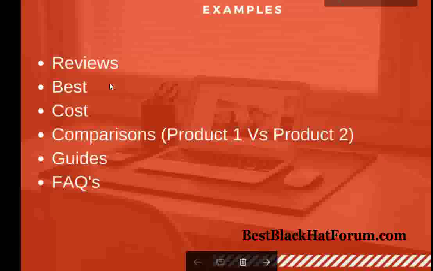Best, so best product, best treadmill, whatever the case may be. The cost, so cheap treadmills, treadmills for under $500. You'll always find some. If it's a physical product, you'll find lots of keywords about the cost of the product.